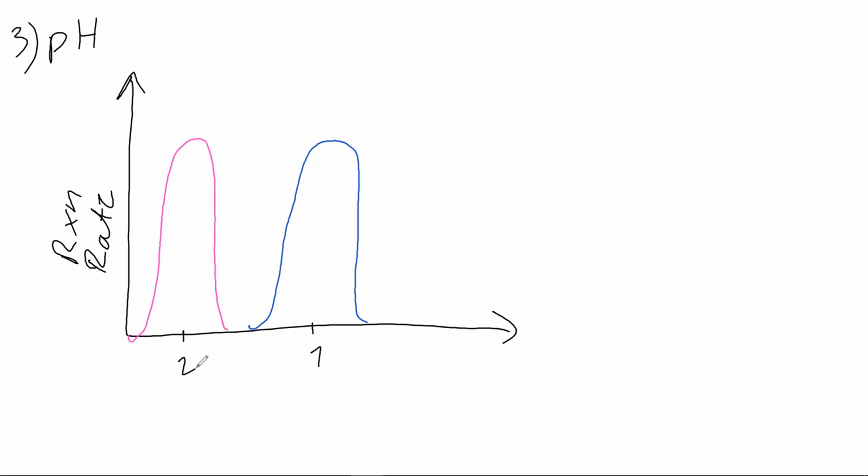Certain enzymes will enjoy being in more basic, certain enzymes will enjoy being in neutral, and some enzymes will enjoy being in acidic areas, right? But if they get out of their ideal pH range, they will stop working and they will begin to denature, right? And in this case, for pH, their secondary and their tertiary structures will begin to denature.